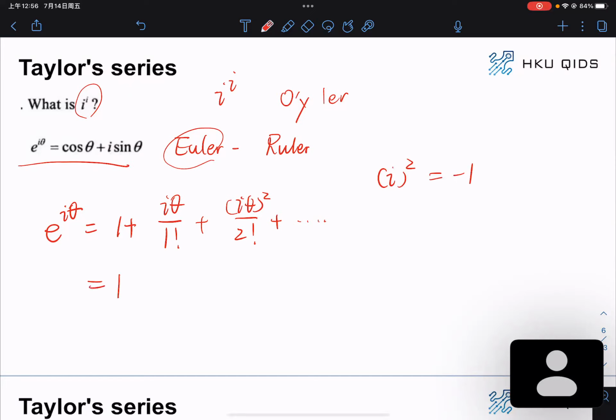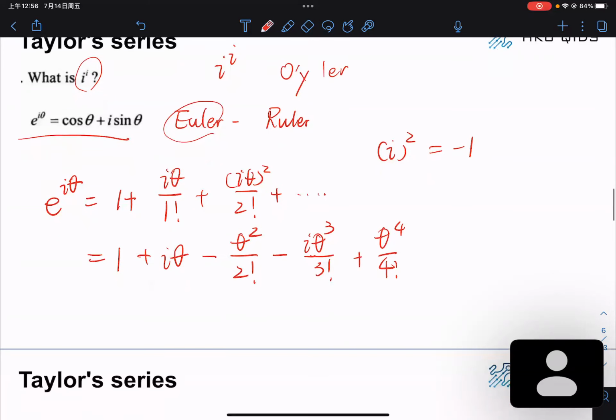So it is going to be 1 plus i theta minus theta squared over 2 factorial, plus theta to the power of 3 over 3 factorial times -i, and plus theta to the 4 over 4 factorial, right? And all the way on.